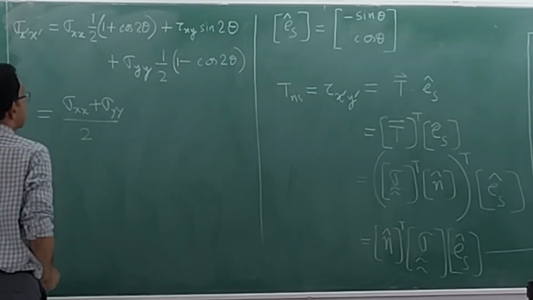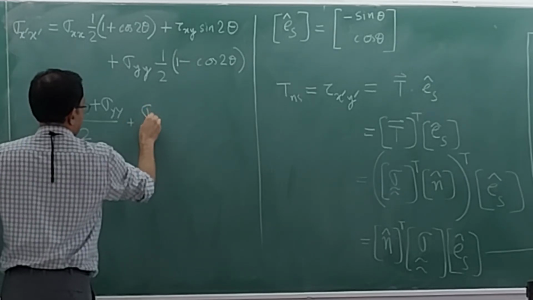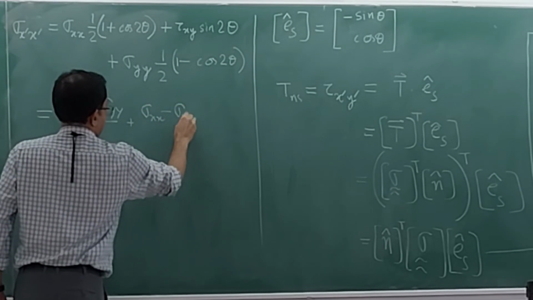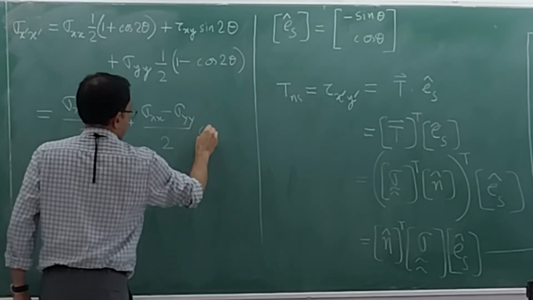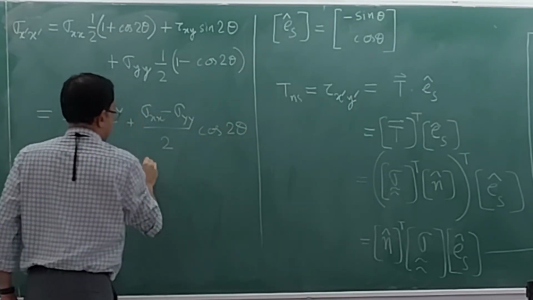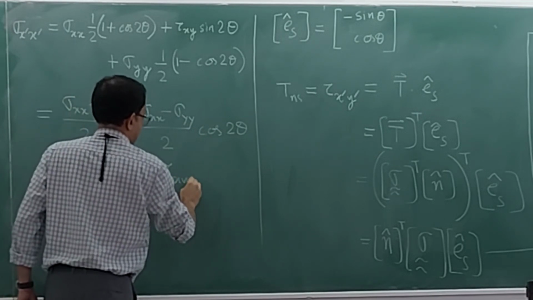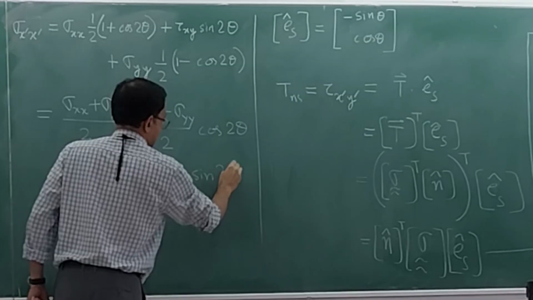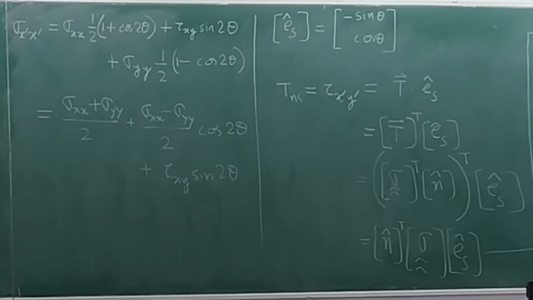We'll take the cos 2 theta common. Right. And that thing has already come out in a very nice form. So we don't have to do much derivation.